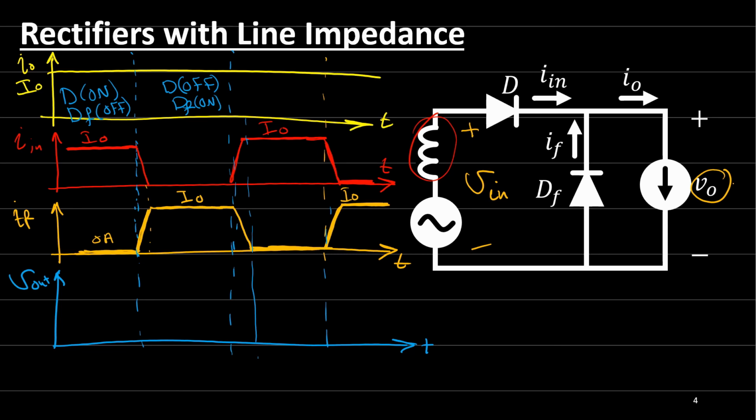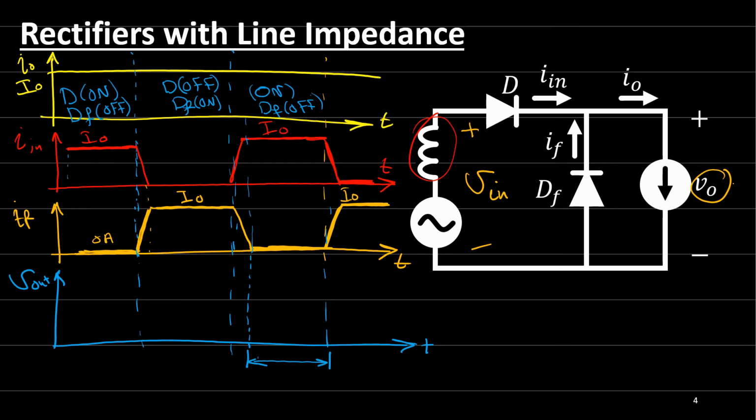When diode 1 is on and the freewheeling diode is off, this means the output voltage must be equal to the input voltage, right? So from here to here, the output voltage will be equal to the input voltage.